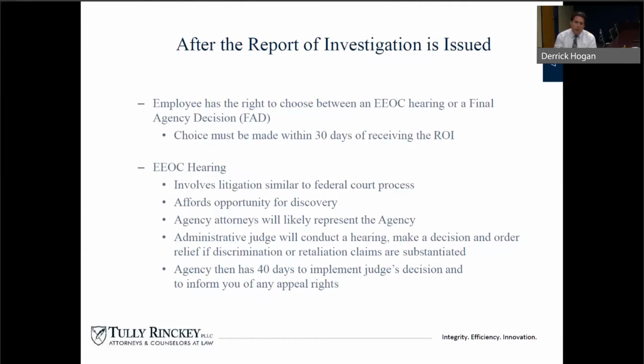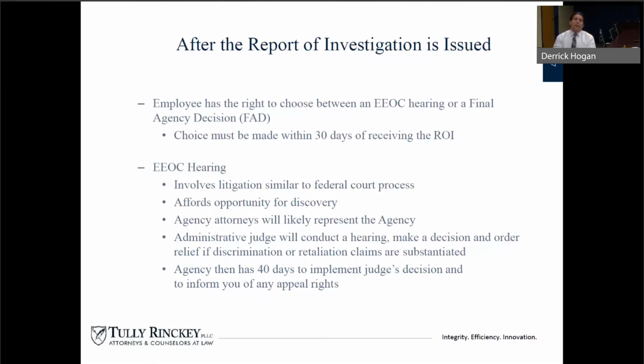As we move along in the hearing process, once discovery is concluded, I should also mention that throughout the hearing process, there's going to be what they call ISCs, initial status conferences, or status conference settlement conferences. At every point during the hearing stage, a judge is going to ask the parties to discuss settlement.